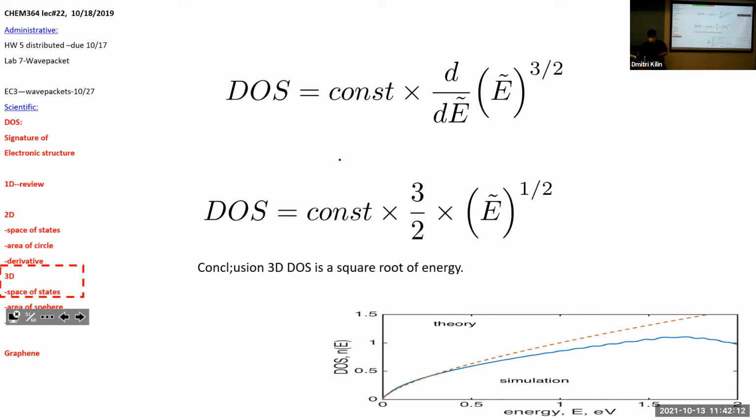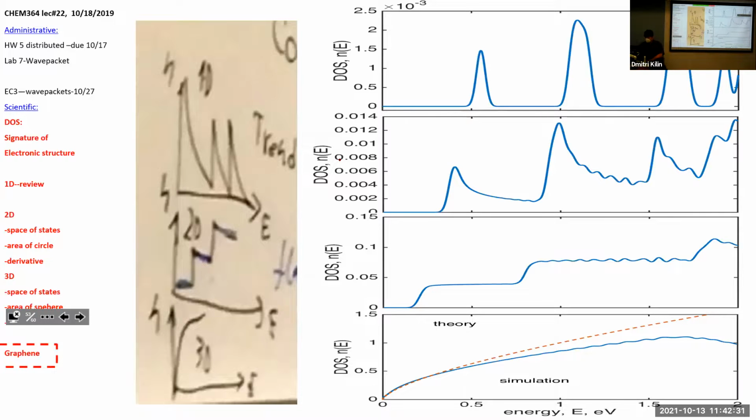So here is the square root line. Here is what one can get from the simulation that we will focus on during the lab. And here is the summary, I would say.